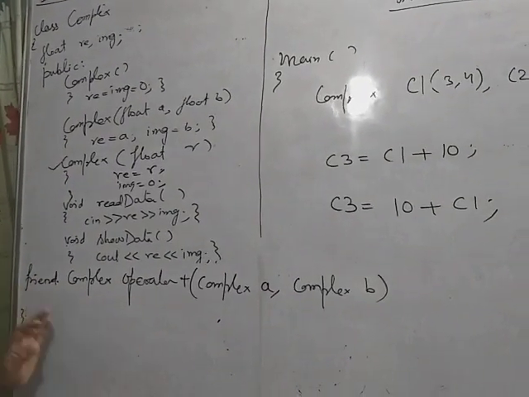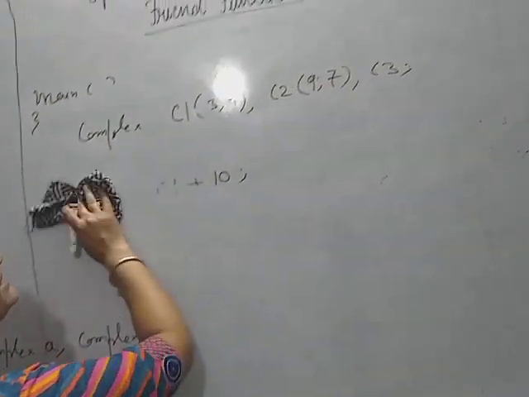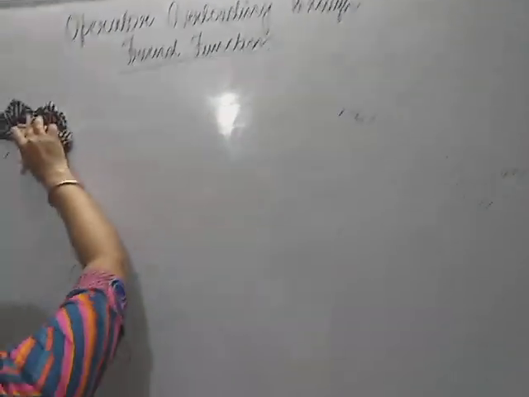So the friend function will be defined outside the class.